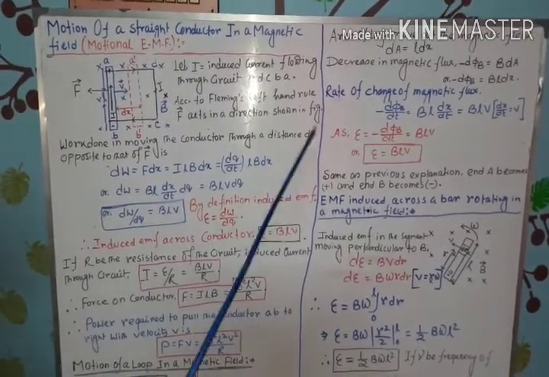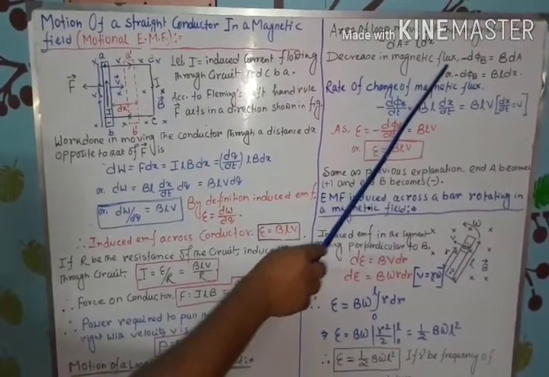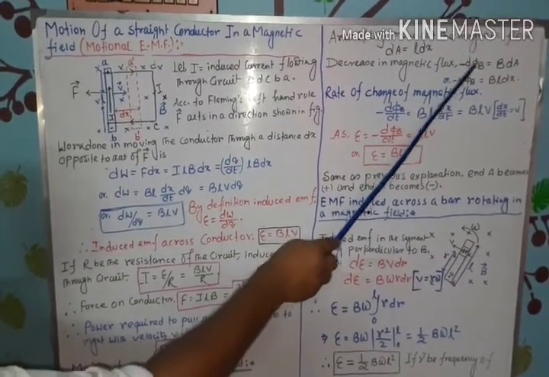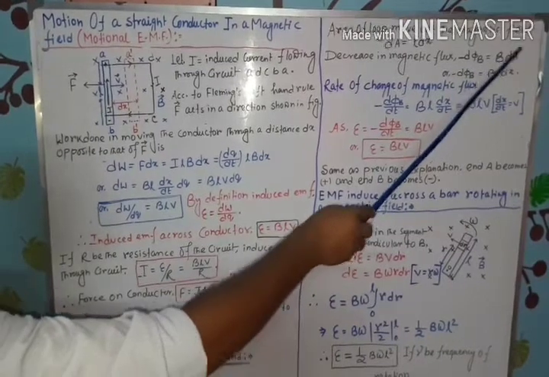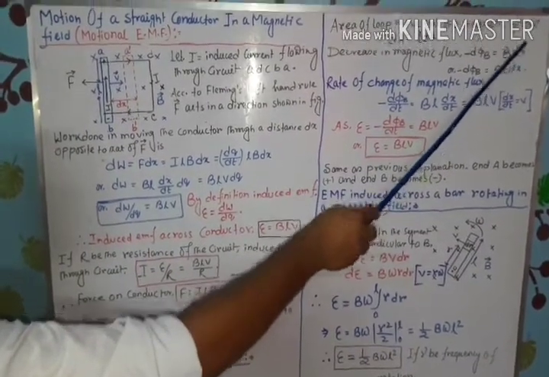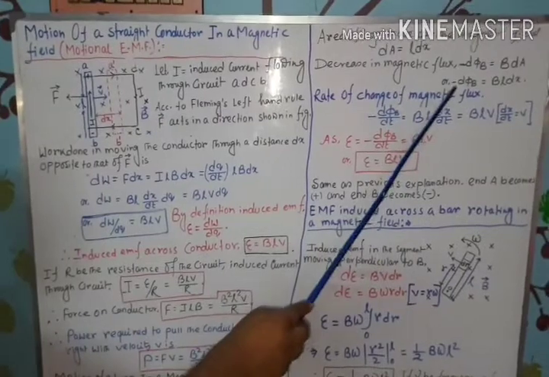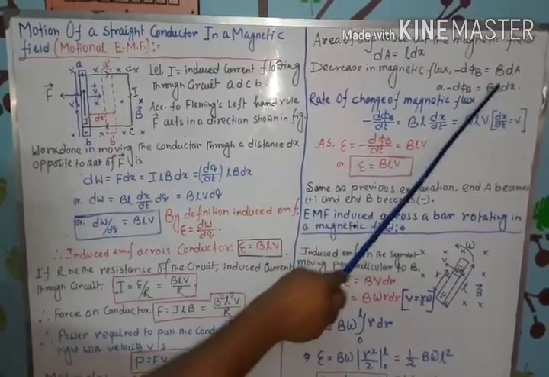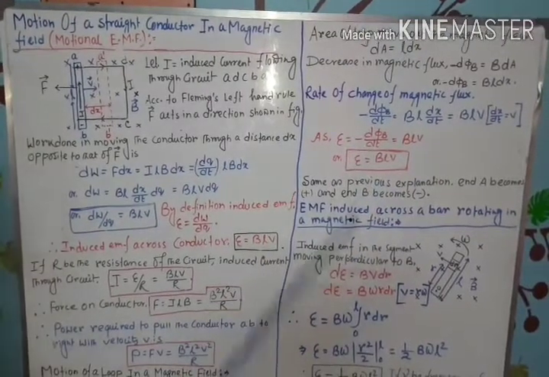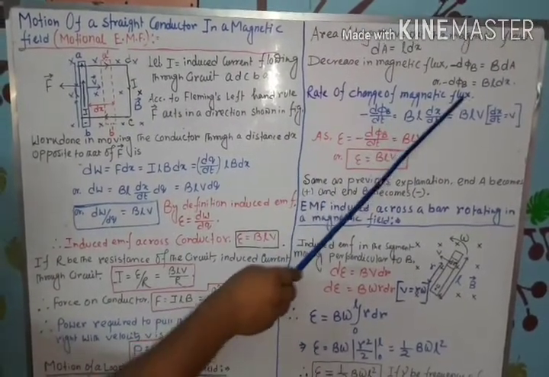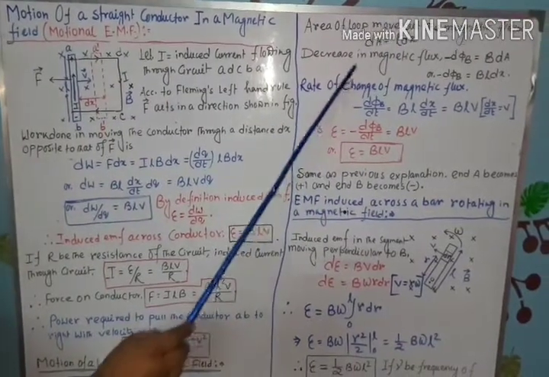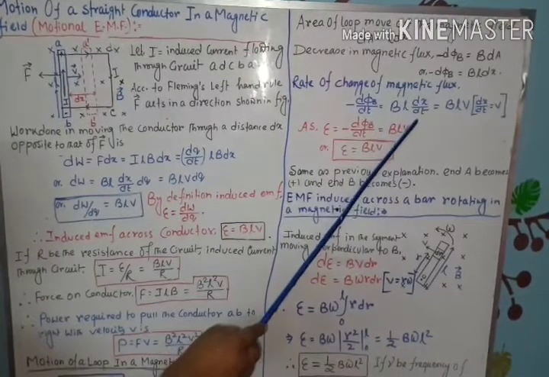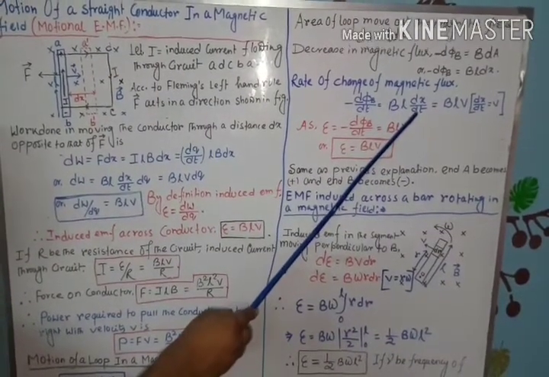So therefore there is a decrease in magnetic flux. As the magnetic flux decreases, I write minus d phi B equal to B into dA according to the definition of flux, or minus d phi B equal to B and dA means L dx. Now the rate of change of magnetic flux, minus d phi B by dt, equal to B L dx by dt, and dx by dt means the velocity of the loop.